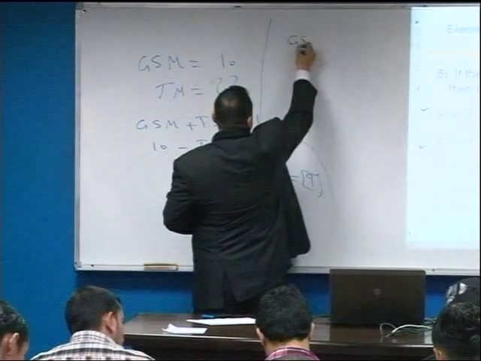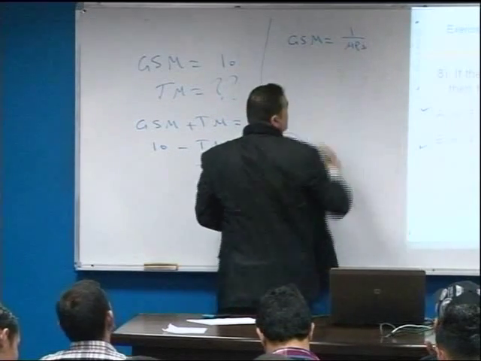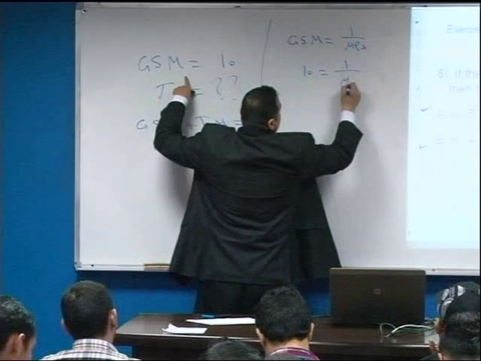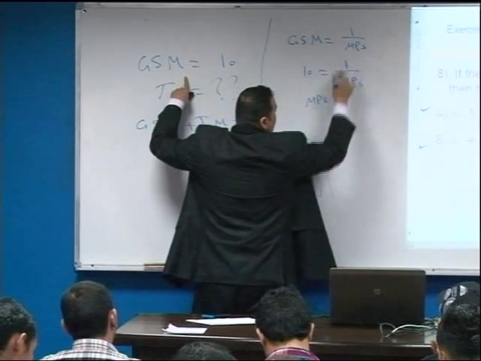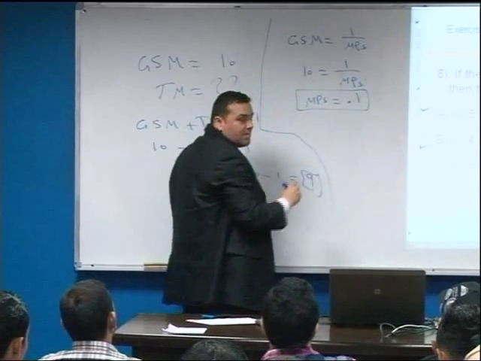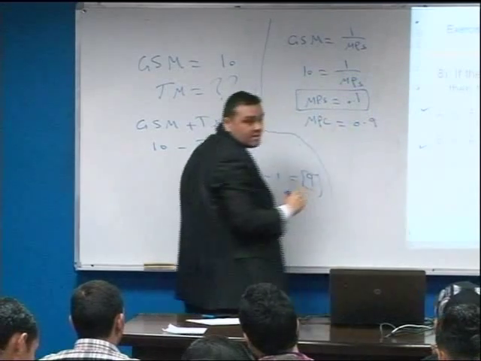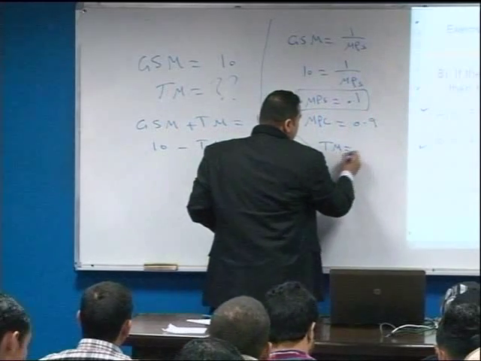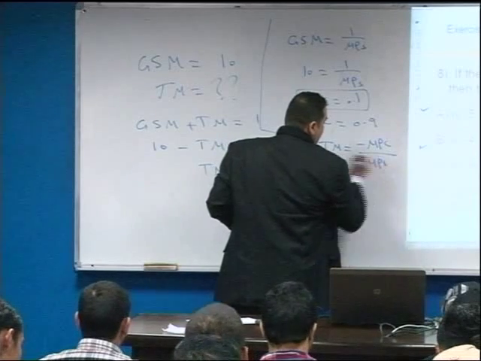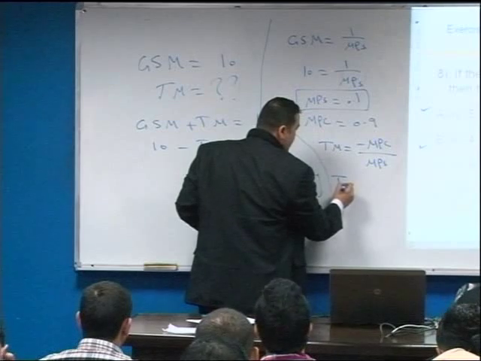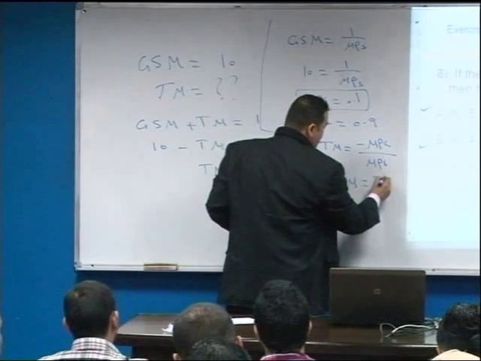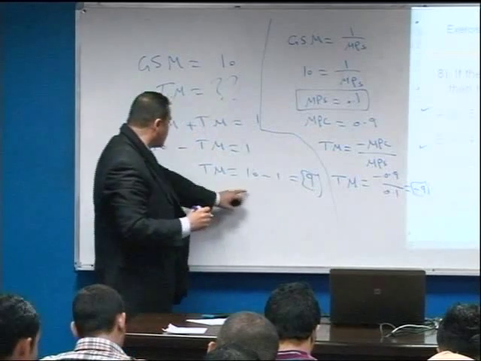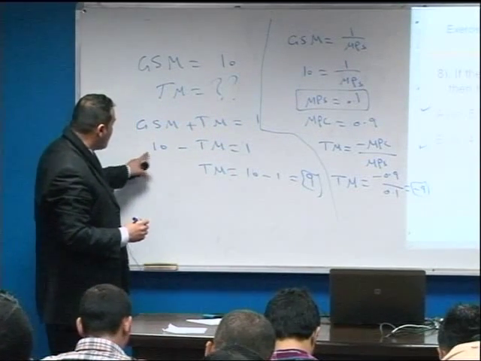As you know, the government spending multiplier equals 1 over MPS. So the government spending multiplier 10 equals 1 over MPS. So MPS equals 1 over 10, 0.1, right? How much is the MPC? 0.9. So let's calculate the tax multiplier. The tax multiplier equals minus MPC over MPS. So the tax multiplier equals minus 0.9 over 0.1. How much is it? Minus 9. Of course, wait, there is a mistake here with the minus, it should be as in our work. I will solve it this way.